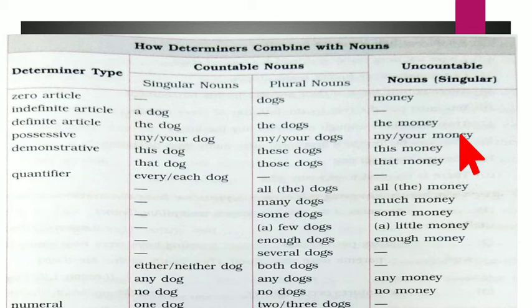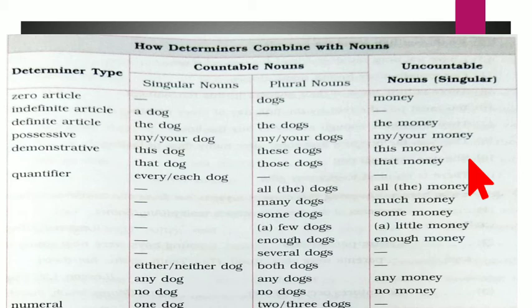My money and your money, yes, it can be. My money had been robbed. Your money had been robbed. This money will be useful to you in future. That money can purchase your necessities.